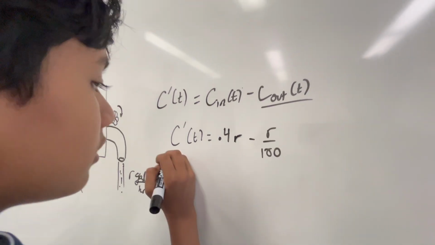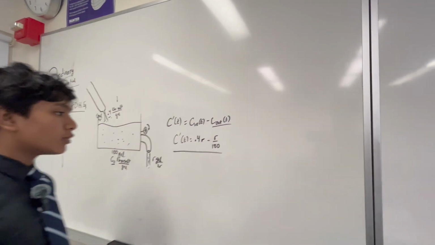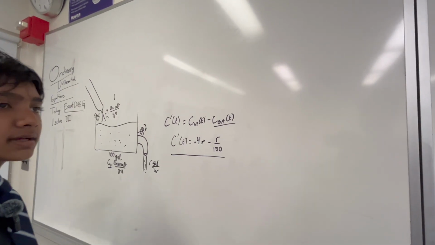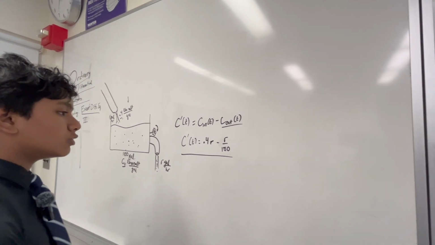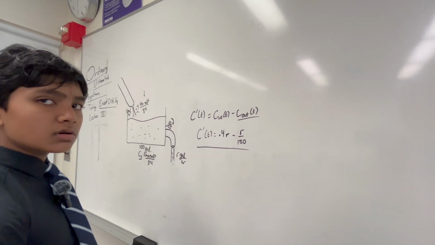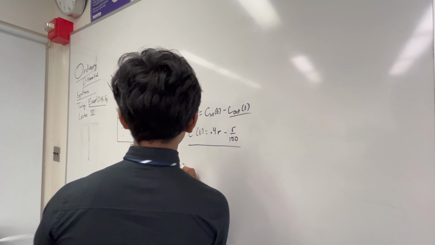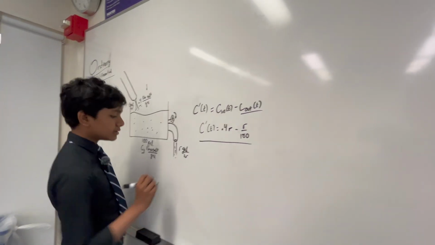So here is essentially our equation. But wait a second, we're missing something. Can you tell what it is? This equation assumes that the water flowing out has a constant concentration over time.